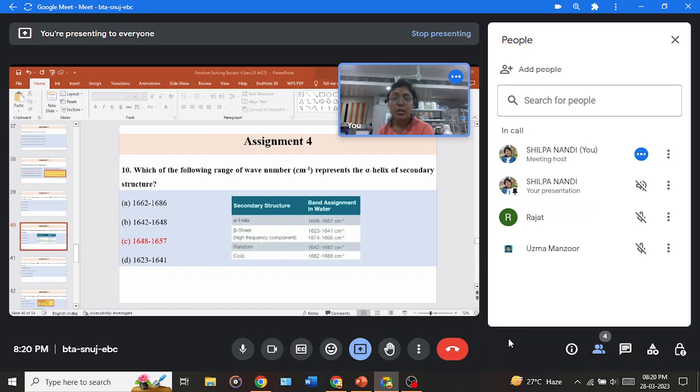If you compare the options, you can see that option number C, that is 1648 to 1657, falls in the range that corresponds to the alpha helix. So the answer to question number 10 is option number C, 1648 to 1657.